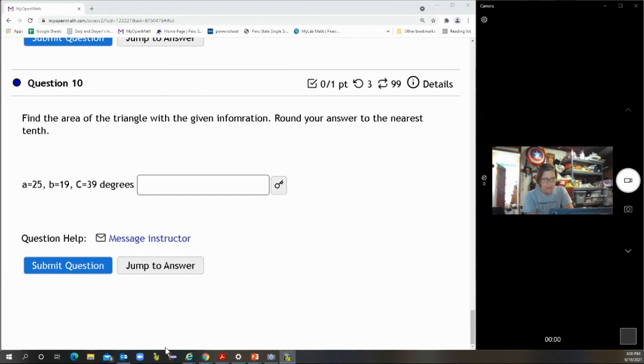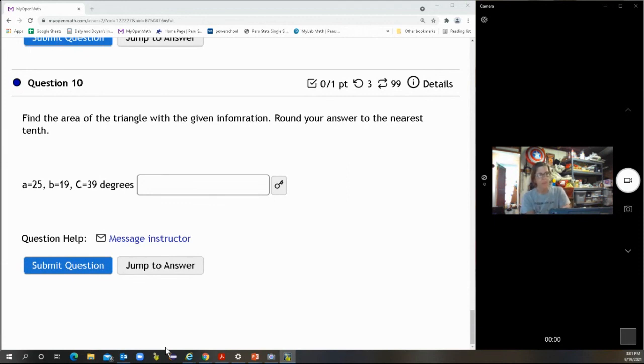So here's our A and here's our B, and then C. So let's just look at C, which would be 39 degrees. You remember when you label, your angle is always across from, so this is angle A, and he's across from A. So this would be angle B, across from little b. So anyway, we can just plug this into the formula now.